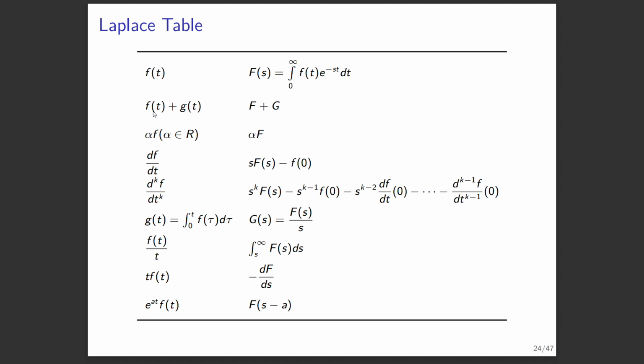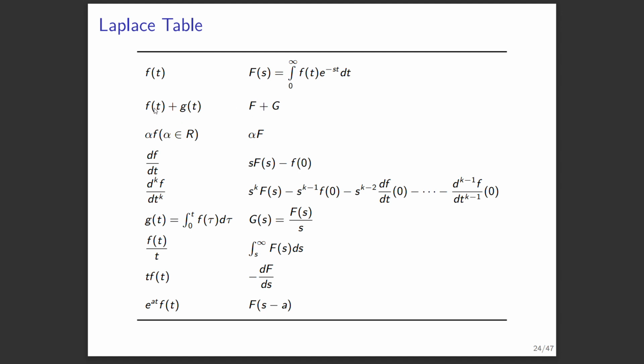So the first one says the Laplace transformation of f of t plus g of t is F of s plus G of s. What does that mean? It means that if you take the Laplace transformation of the addition of two functions, that's equivalent to taking the Laplace transformation of each of them separately and then adding them up.